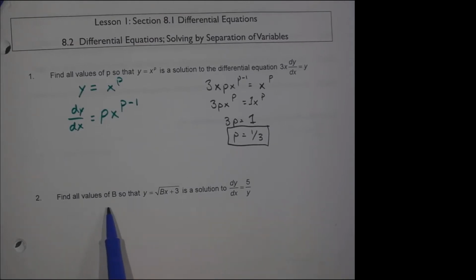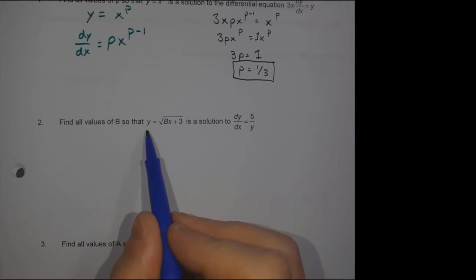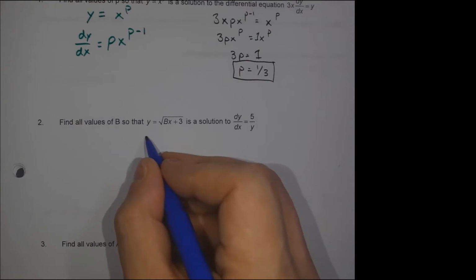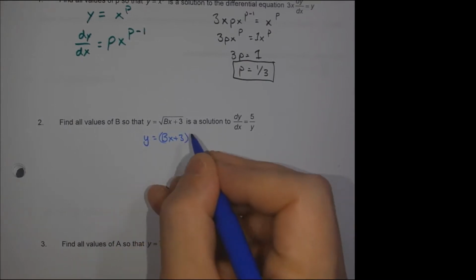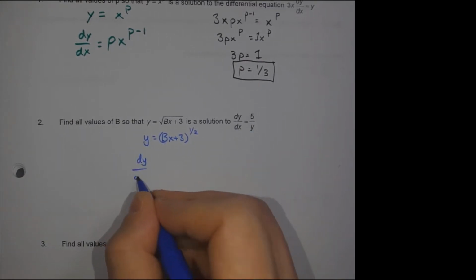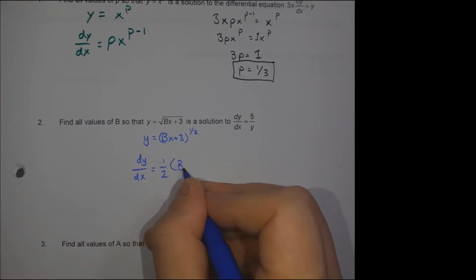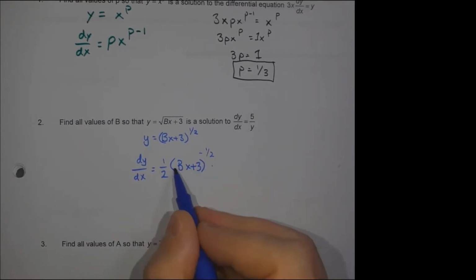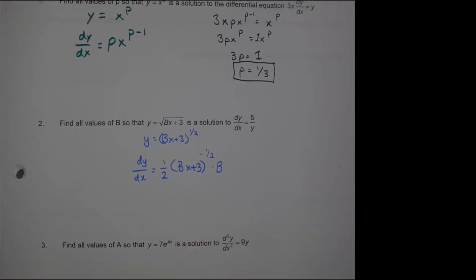Next, find all values of capital B so that y equals radical bx plus 3 is the solution to this differential equation. So let me rewrite this as y equals bx plus 3 to the power of 1/2 so that it's easier for me to do a derivative. dy dx by the power rule would be 1/2 bx plus 3 to the power of negative 1/2, and then of course by the chain rule we'd have to put a b in there as well.